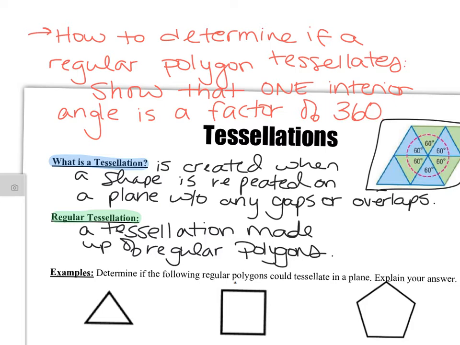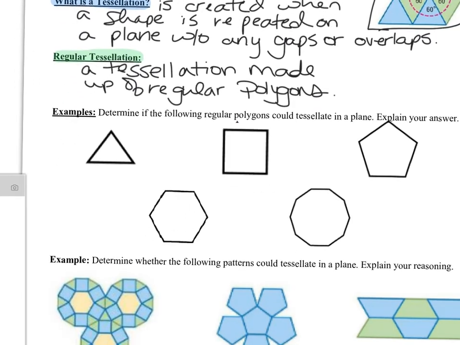In order for something to tessellate with no gaps and overlaps, when I bring all the vertices together, they had better make a circle. All circles add up to 360 degrees, which means this plus this plus this plus this plus this plus this has to make 360. Notice these are all interior angles. So in order for a regular polygon to tessellate, one interior angle needs to be a factor of 360. It needs to divide 360 degrees evenly.